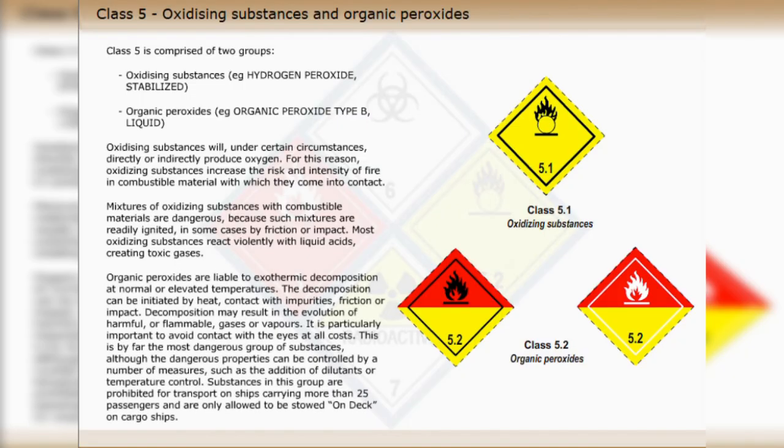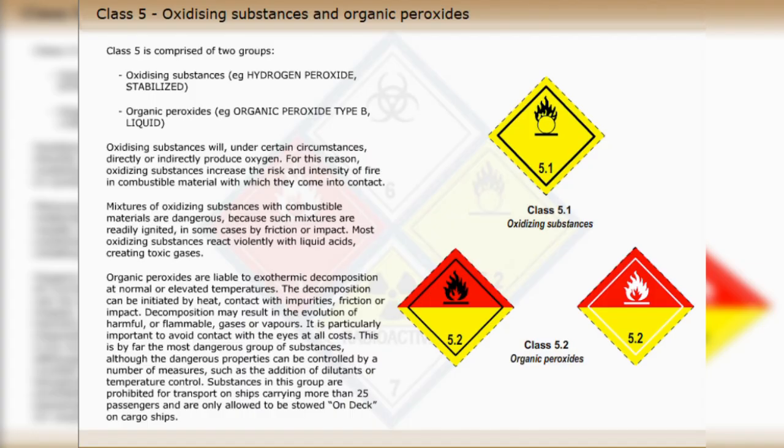Organic peroxides are liable to exothermic decomposition at normal or elevated temperatures. The decomposition can be initiated by heat, contact with impurities, friction, or impact. Decomposition may result in the evolution of harmful or flammable gases or vapors. It is particularly important to avoid contact with the eyes at all costs.